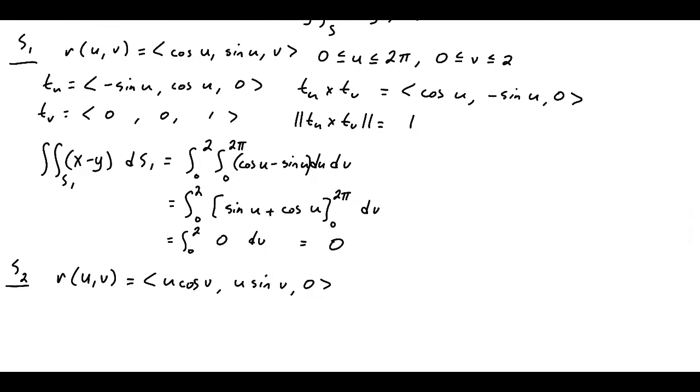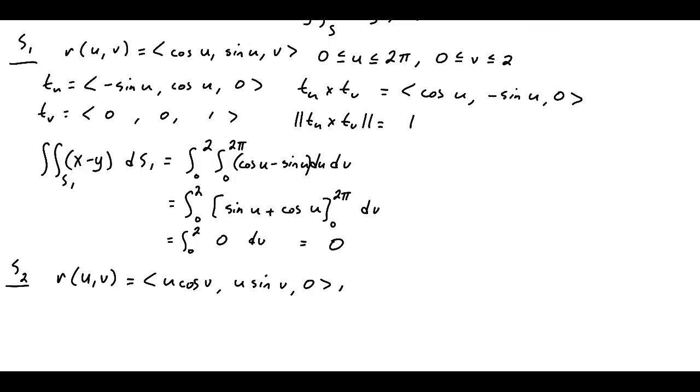Now you might notice the changes here. In the first setup, in the first surface, there's a fixed radius of 1 for the sides of the cylinder and a varying height from 0 to 2. Well, here we have a fixed height for the bottom base of 0 and a varying radius, because we're beginning at the center of our circle and working our way outwards to find that surface.